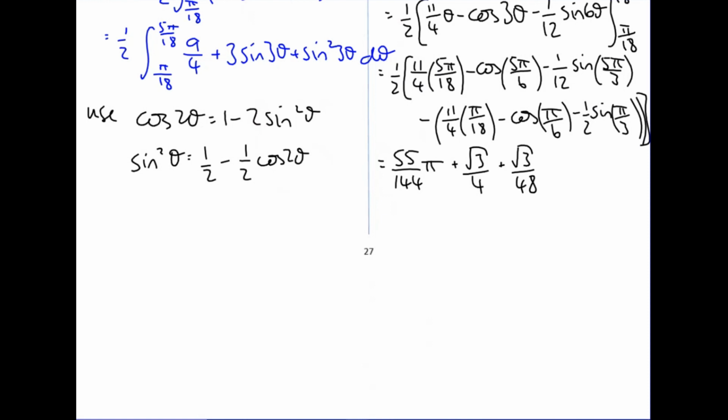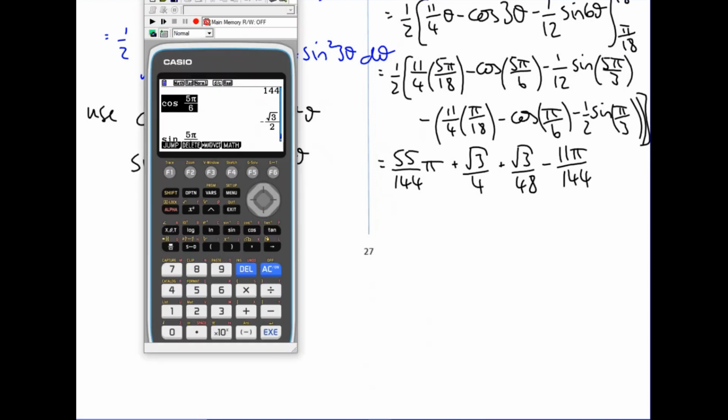That one is 2 times 12 times another 2. This one here, I'm doing a half times 11 over 4 times pi over 18. So that's minus 11 pi over 144. Too many minus signs happening here. Maybe we could expand it. Cos of pi over 6 is root 3 over 2.